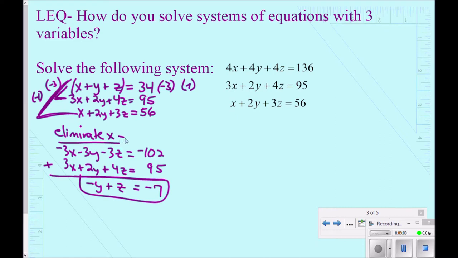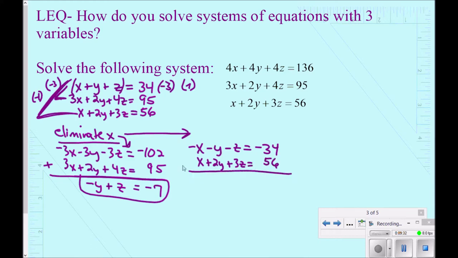Now, we eliminated the x in this first pairing. Remember, in the second pairing, we also have to eliminate the same variable x. So again, I'm going to multiply that first equation by -1, which is going to give me -x minus y minus z equals -34. I'm going to copy the third equation, x plus 2y plus 3z is equal to 56.